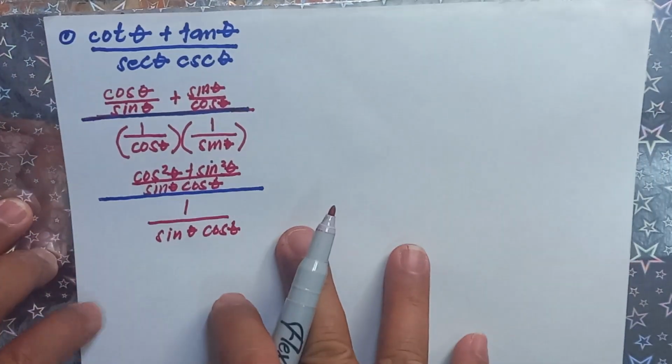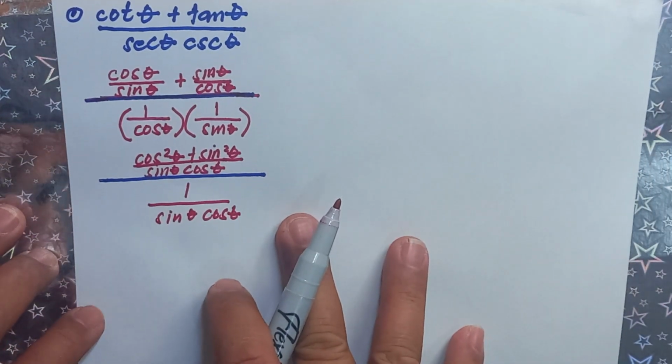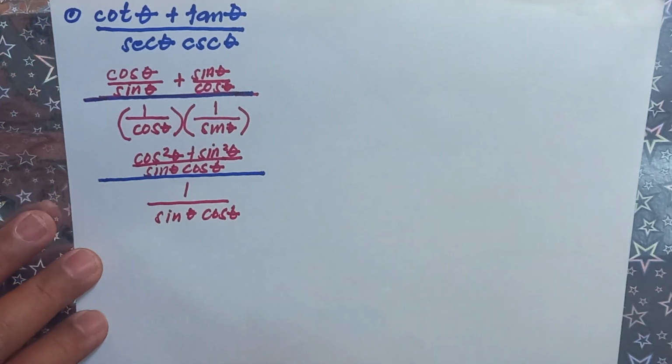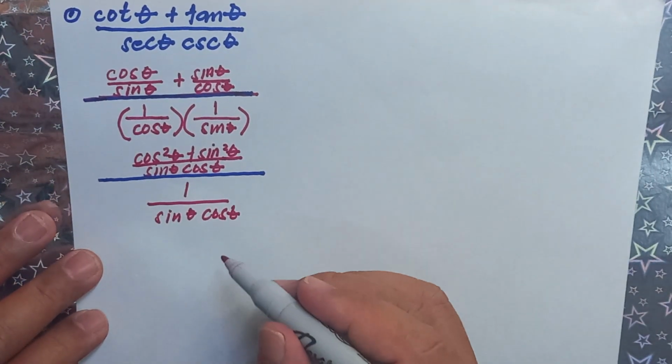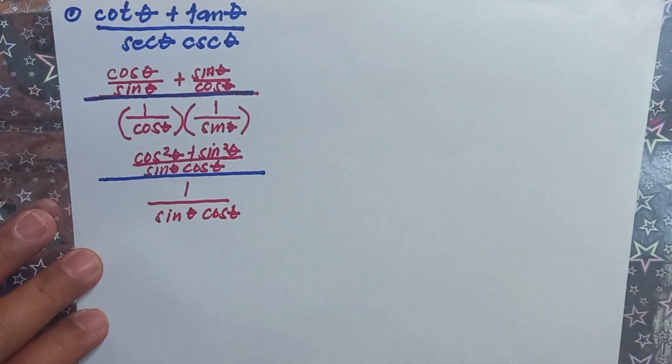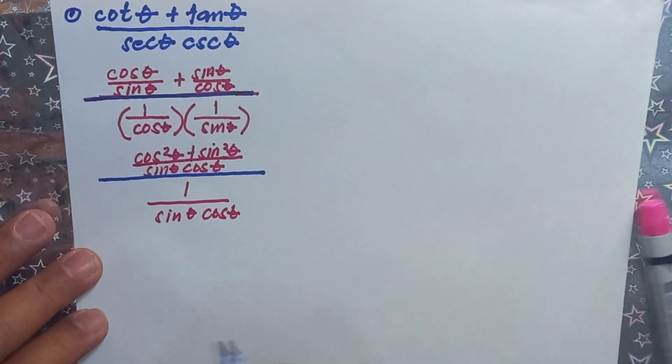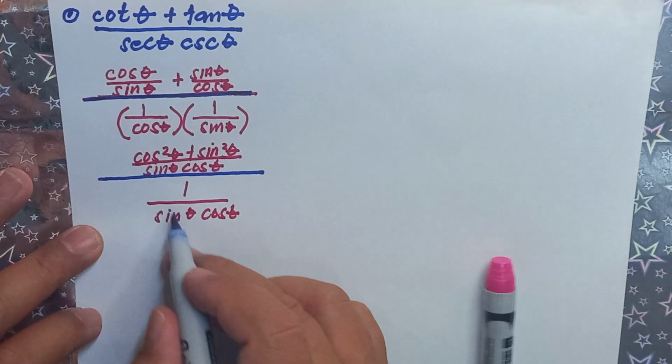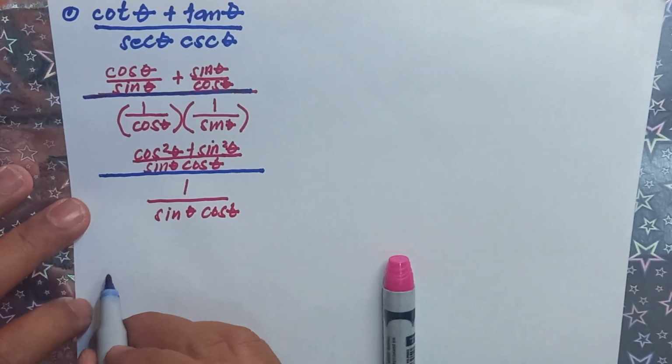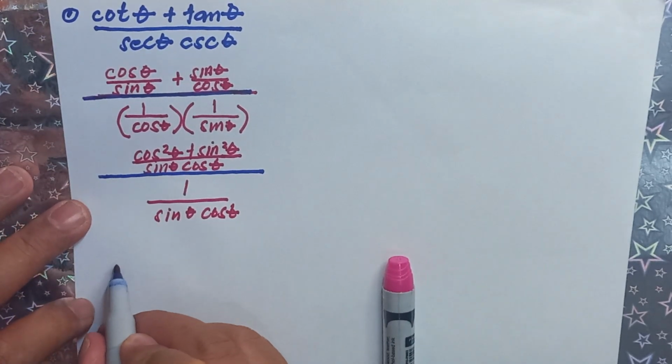And so, what are we going to do if that is a rational number? Now, we get the reciprocal of the denominator and then proceed to multiplication. Okay? So, our denominator is in here. So, what is the numerator? Let's try to copy the numerator.